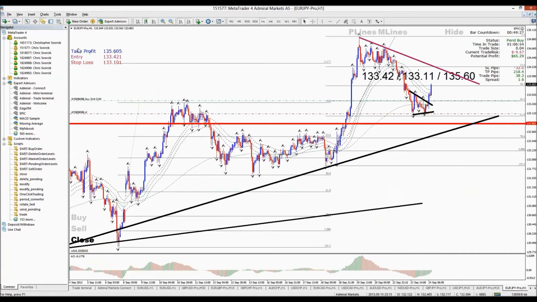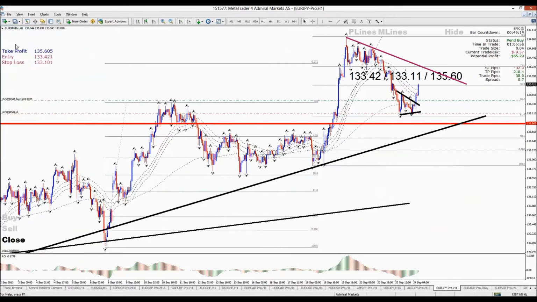Here, there you have it. That was the trade setup here on the left. You can see the numbers there. 133.42, stop loss 133.10, the take profit 135.60. So it was approximately 220 pip reward for 30 risk.